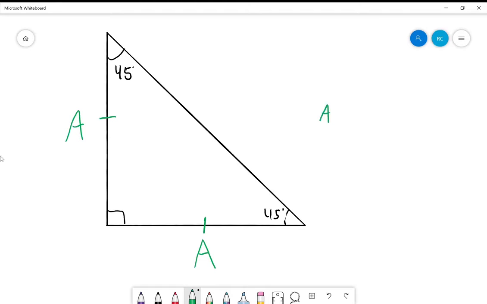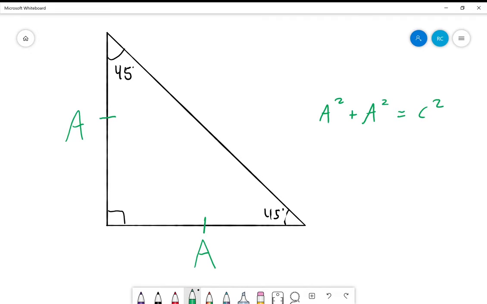You get A squared plus, now normally we would put B squared here, but they're both the same, so it's A squared again. And that's going to equal C squared. This is a good reminder of the Pythagorean theorem that we learned last time. Leg squared plus leg squared equals hypotenuse squared.